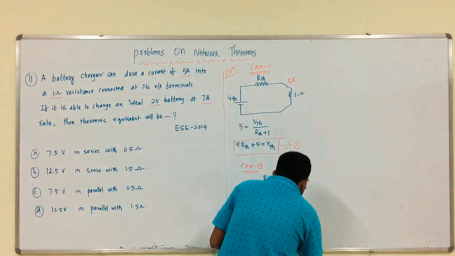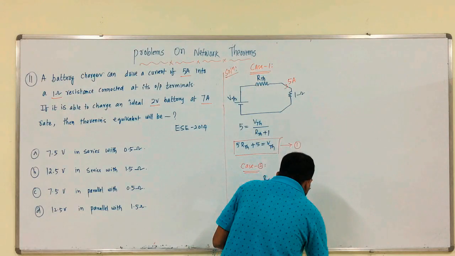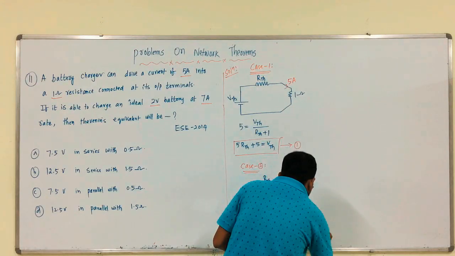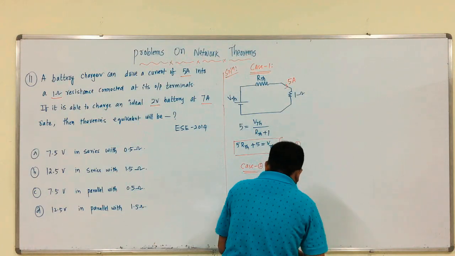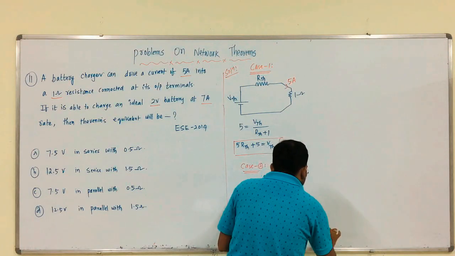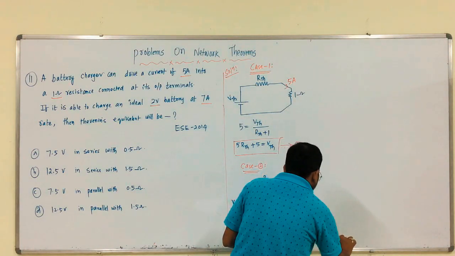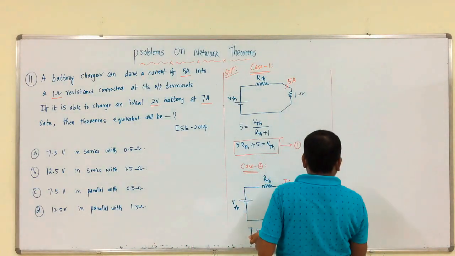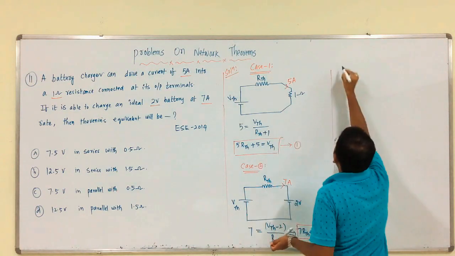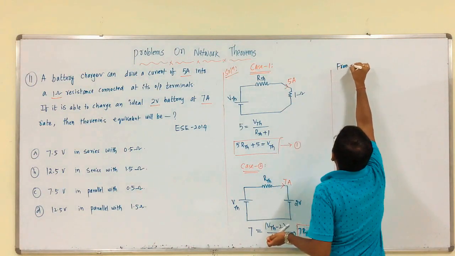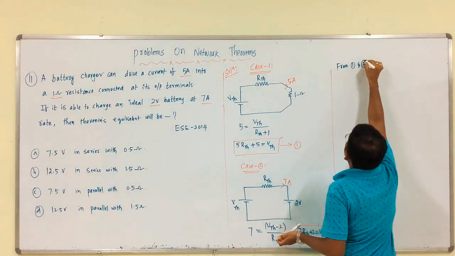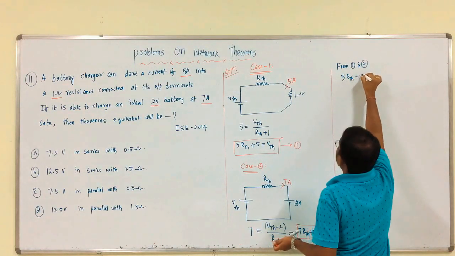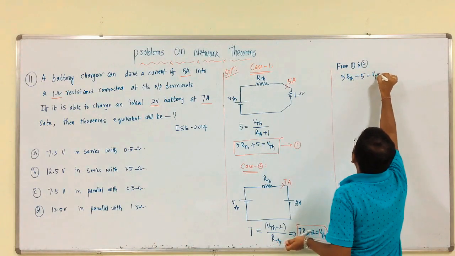From this, 7 RTH plus 2 is nothing but VTH. This is the equation, this is 2, right? From 1 and 2, what is the value of 1? 5 RTH plus 5 is equal to VTH.